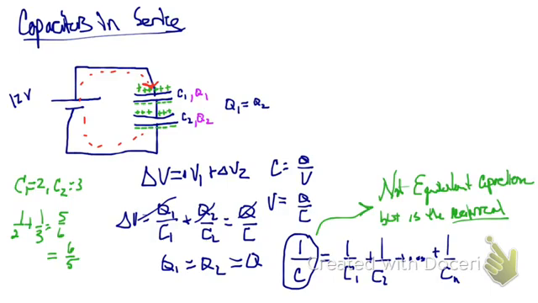So if you have a capacitor that has 2 microfarads, and capacitor 2 is 3 microfarads, then you add them together. 1/2 plus 1/3 is going to equal 5/6, and then you flip it over, and this is going to be the total capacitance.